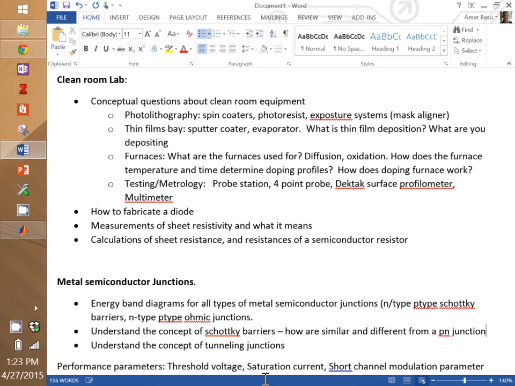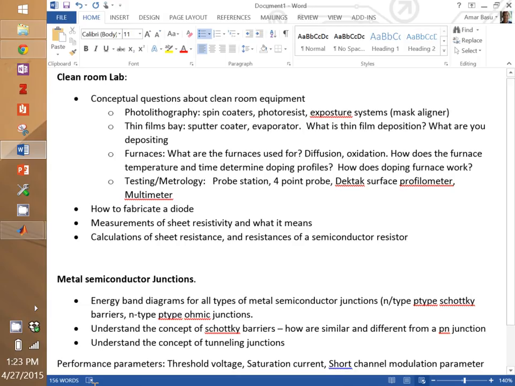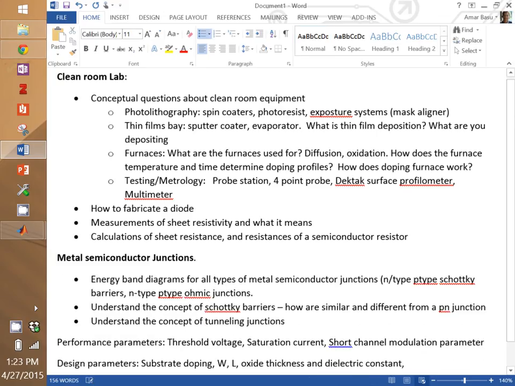So the test is not going to be on PN junctions, but in order to understand and compare a metal semiconductor junction to a PN junction, you obviously need to know how a PN junction works. So when I say that the test is cumulative, that's what I mean. You have to understand the previous concepts in order to understand the topics on this last exam.